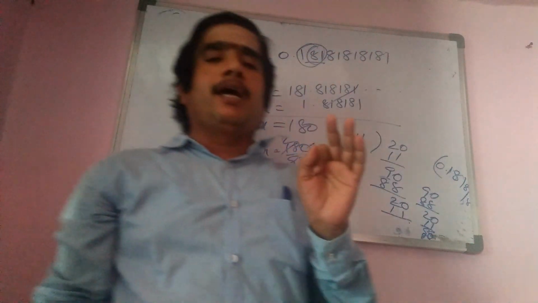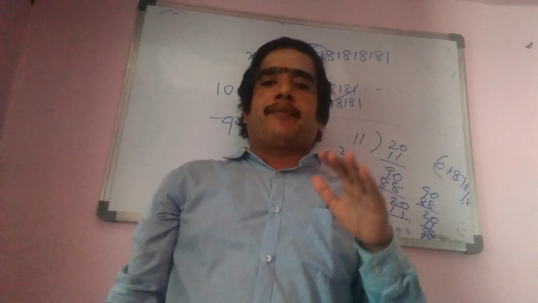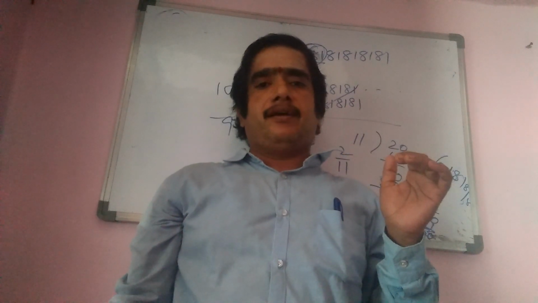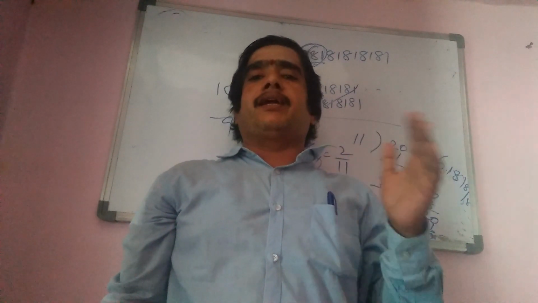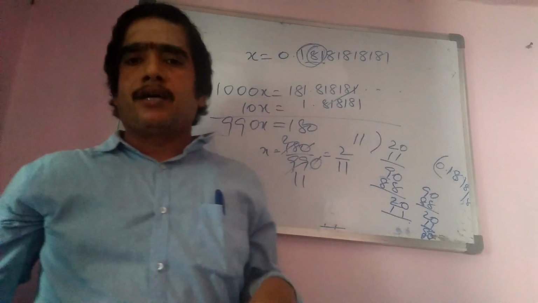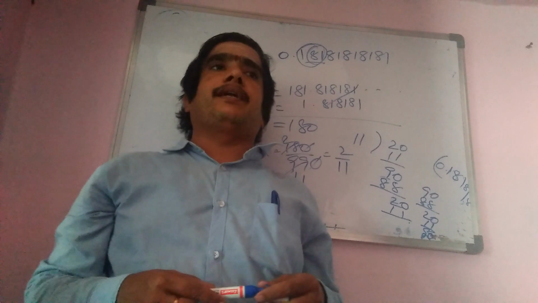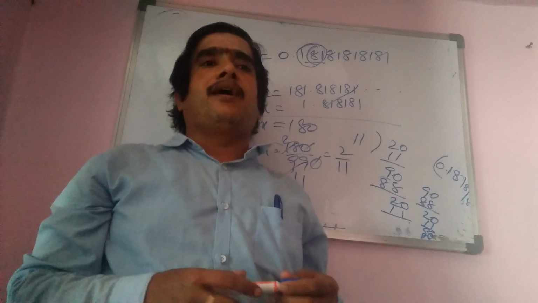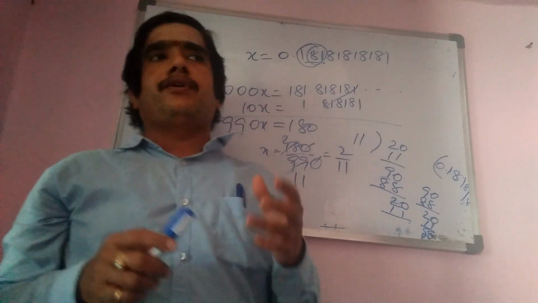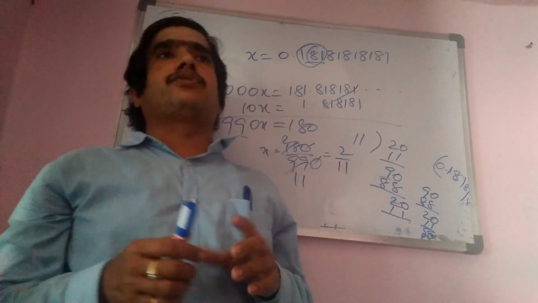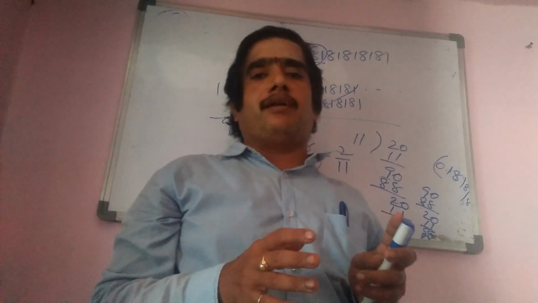So today you learned how to convert a terminating decimal to a fraction and a non-terminating decimal to a fraction. So repeatedly you watch. In the textbook they have defined and explained clearly. You read the textbook and try to solve the problems of rational numbers.